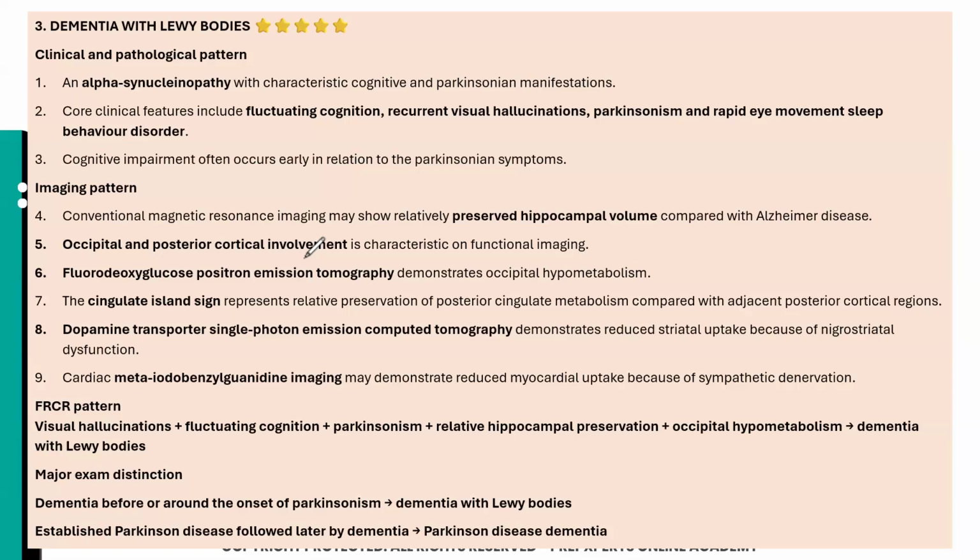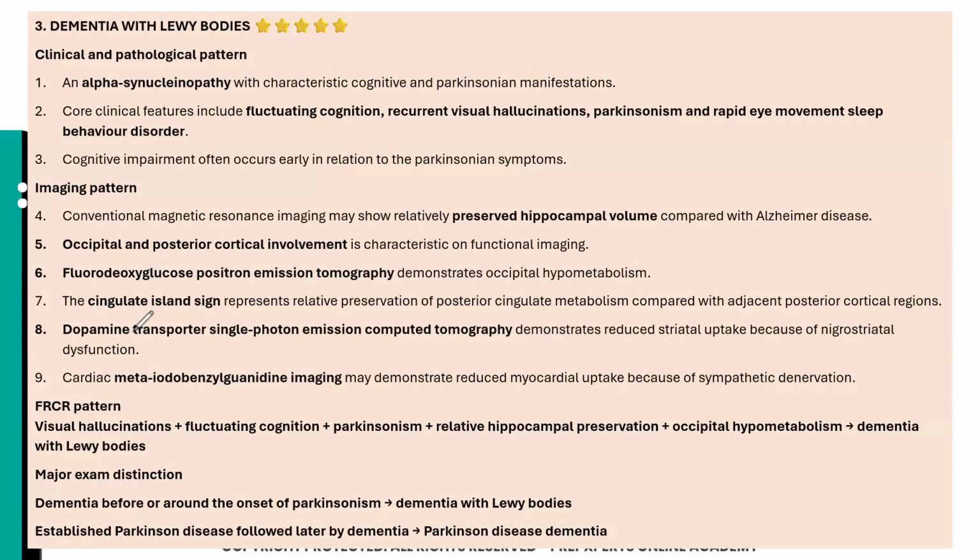That makes sense now, right? Visual changes, occipital lobe. Then PET will also demonstrate occipital hypometabolism. Cingulate island sign. Okay, so what is happening? The cingulate cortex is actually the posterior-most cortex that is a part of our limbic system. This disease is not having any issues with the limbic system.